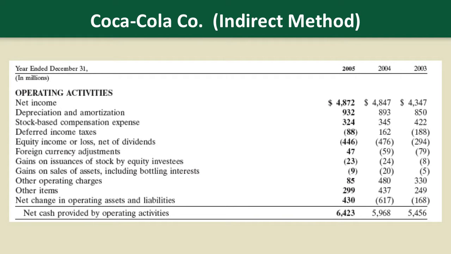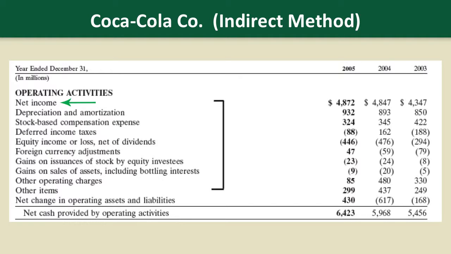The next example is Coca-Cola's statement of cash flows prepared under the indirect method. We'll only look at the operating activities section. If you prepare the operating section under the indirect method, we start with net income. This is the number we see from the income statement. And after that line, we have all these adjustments.